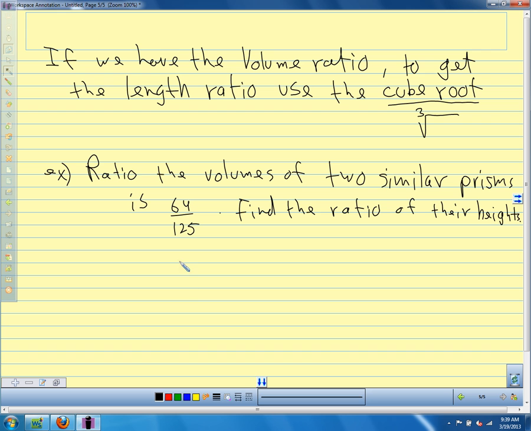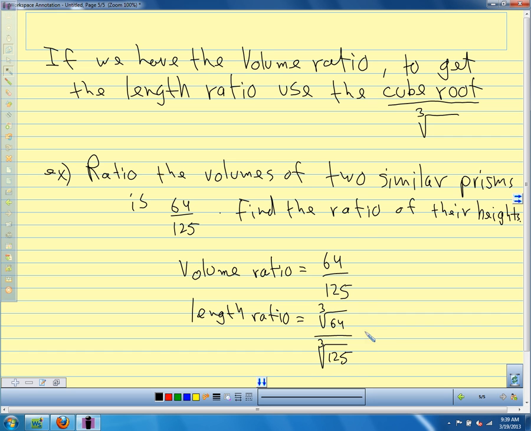So our volume ratio is 64 over 125. Our length ratio is the cube root of 64 over the cube root of 125. Cube root of 64 is 4. Cube root of 125 is 5.